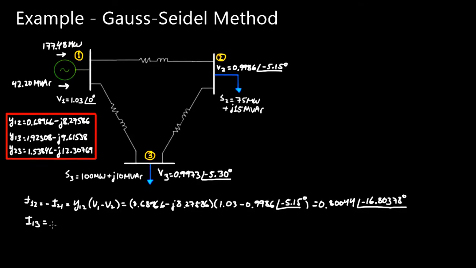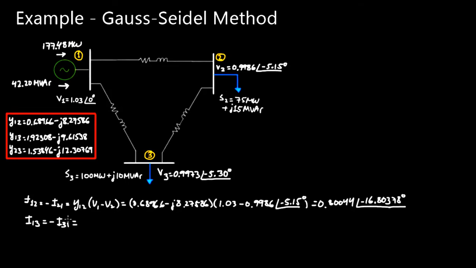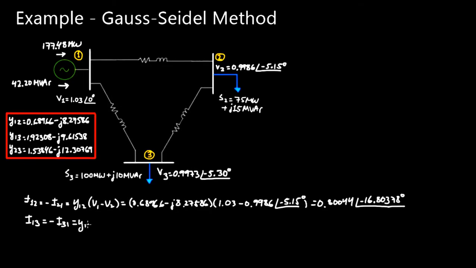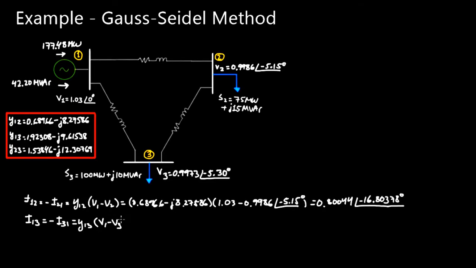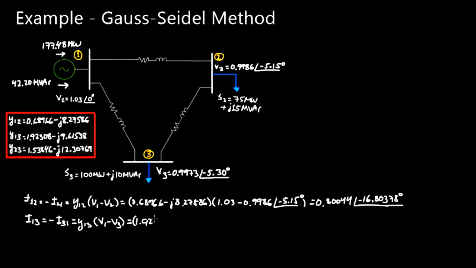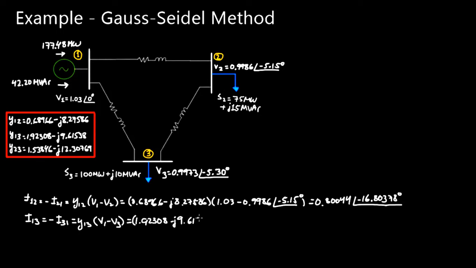We can do the same thing for I13, which is equal to minus I31, which is equal to Y13 times V1 minus V3. Y13 is over here: 1.92308 minus j9.61538.